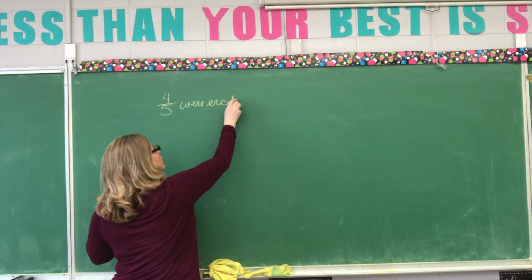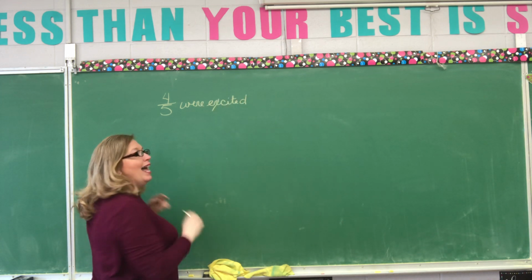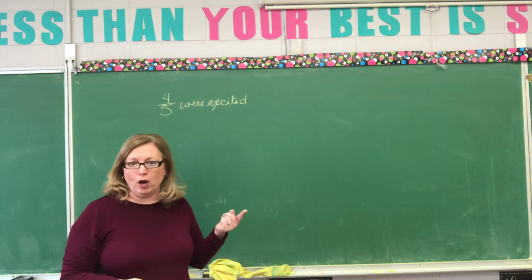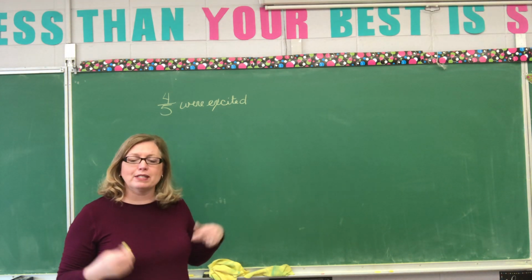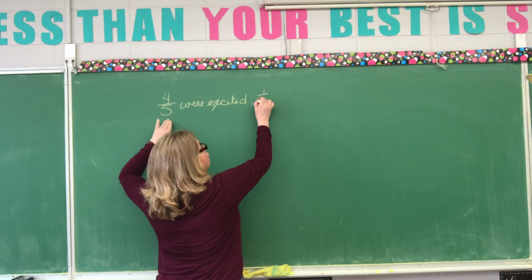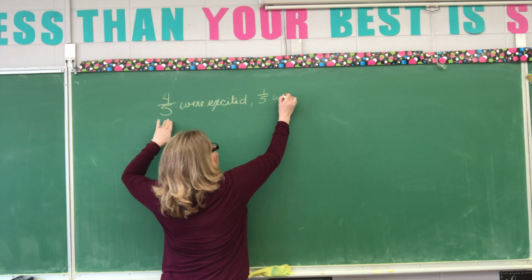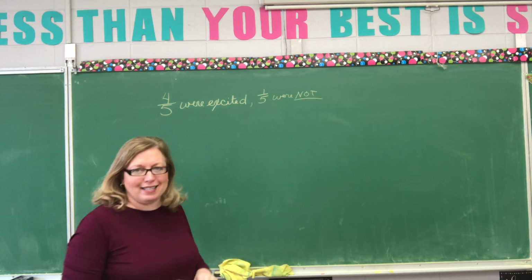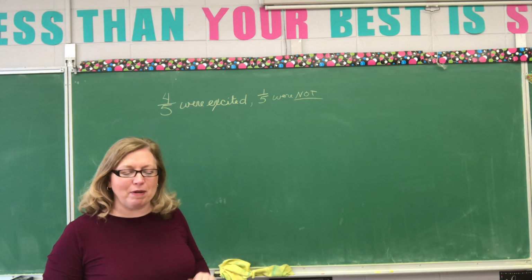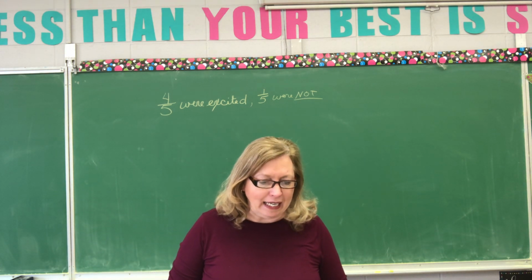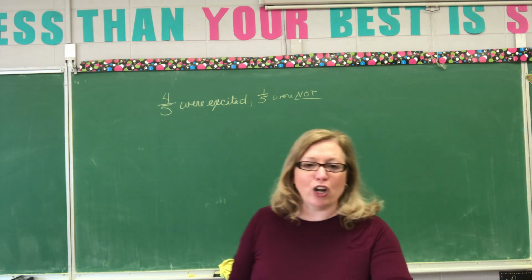If that's true, how many were not excited? Well, 5/5 or 1, the whole group, minus 4/5, means that 1/5 were not excited. They were not happy about this trip, all right? Now the question is, how many were not excited?